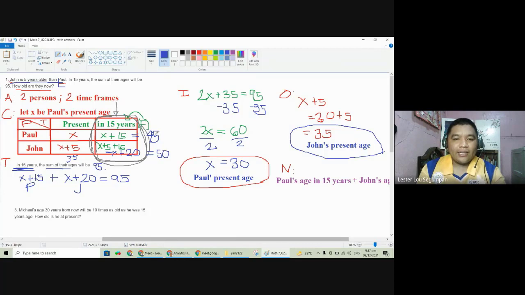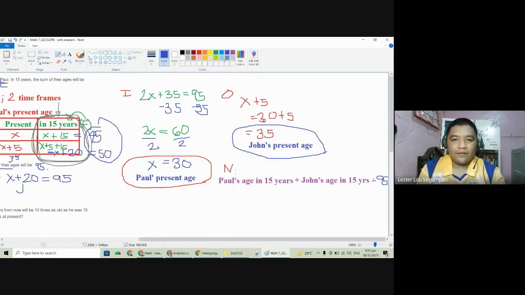In checking, let's use this and see if it sums up to 95. You will have here Paul's age in 15 years, that's x plus 15 as given earlier, plus John's age, x plus 20. Sorry, it must be 95. No question mark yet since we have not substituted any value for the variable. Here comes the next.